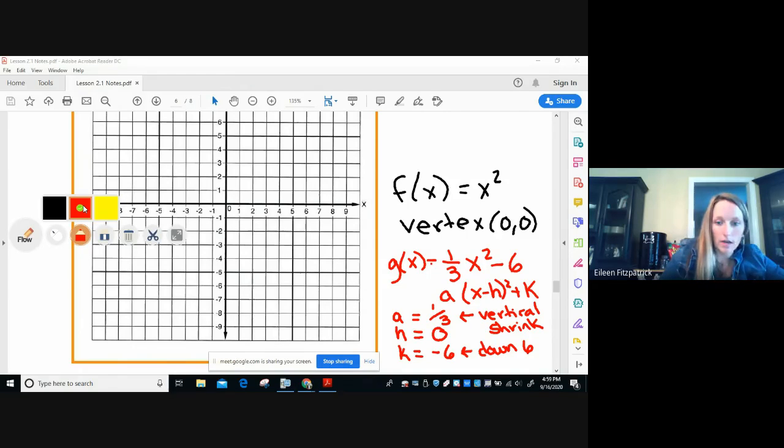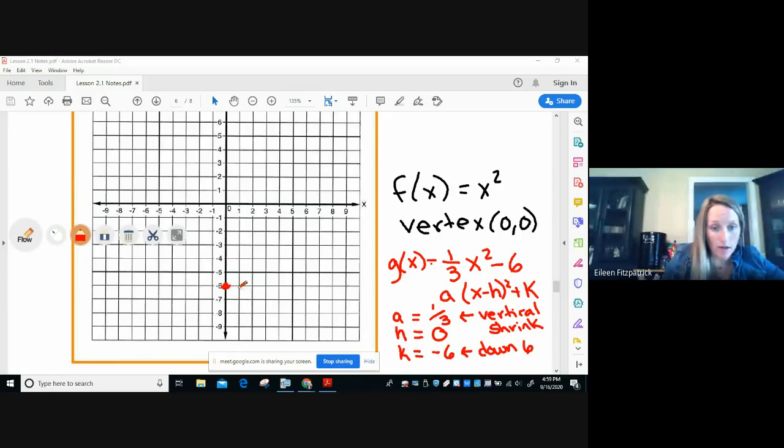So I'm going to plot a point at 0, -6, because that's where my vertex is. Now, the vertical shrink of 1/3 means that when I do my pattern of out 1, up 1, out 2, up 4, out 3, up 9, my up movements, I'm only going to go up 1/3 of the way because I'm shrinking vertically by 1/3.